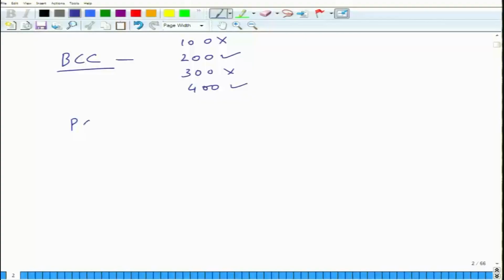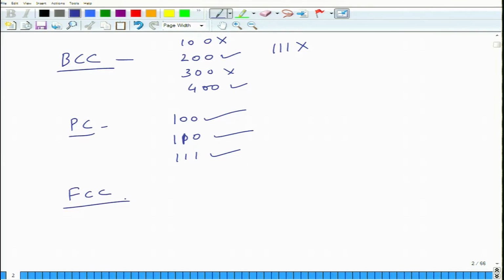For a primitive cubic, as we will see, all of the planes diffract: 100 diffracts, 110 diffracts, 111 diffracts, all of them diffract. In this case, 111 does not diffract. For FCC, where we have atoms sitting at the center of the faces, we will see that 100 does not diffract, 110 does not diffract, but 111 diffracts, and so on and so forth.